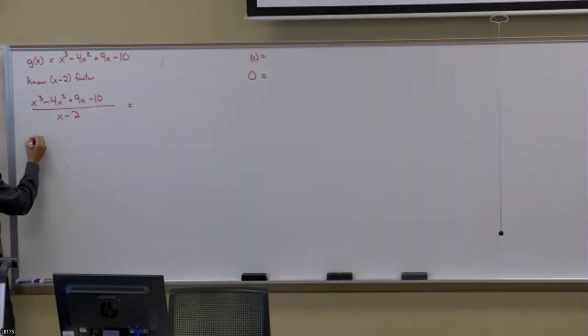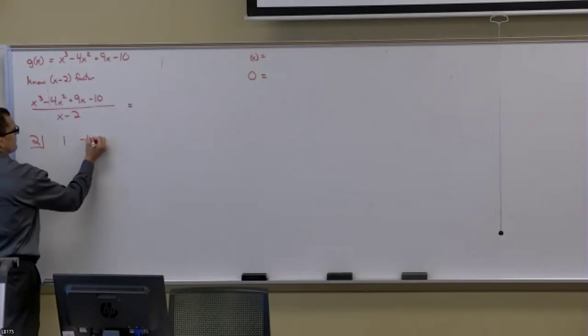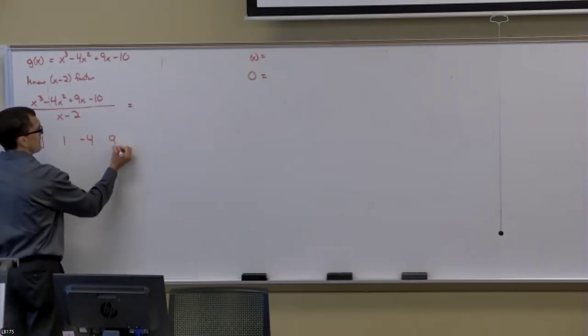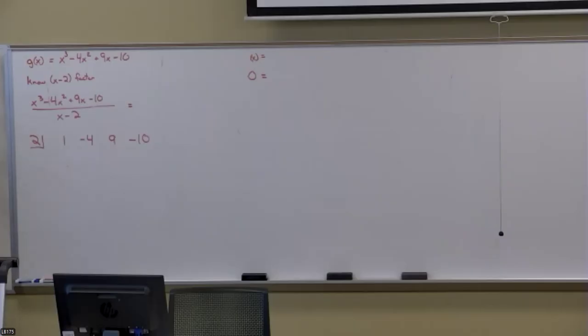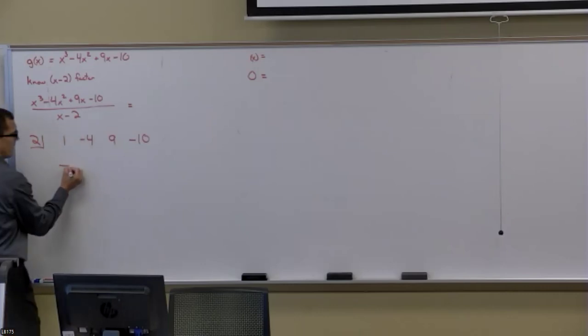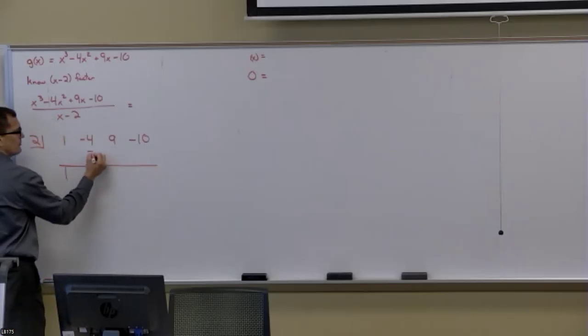So I'm going to do the standard thing. In this case, synthetic division. By the way, you can also use long division, but it just takes longer, so I never do that. Synthetic division is a lot nicer when we're dividing by x minus a number. So 2 times 1 is 2.